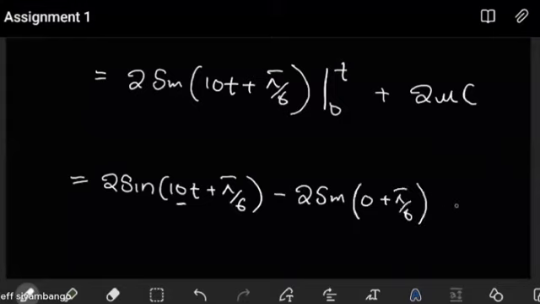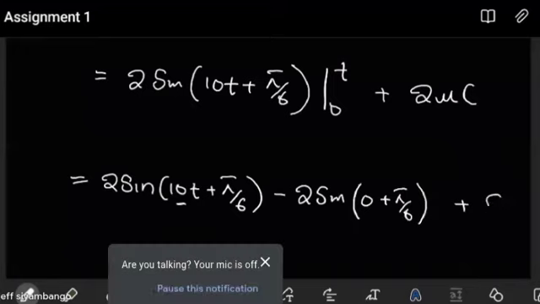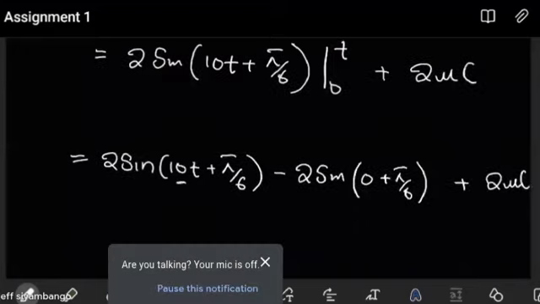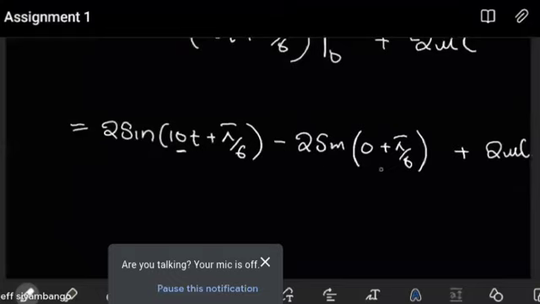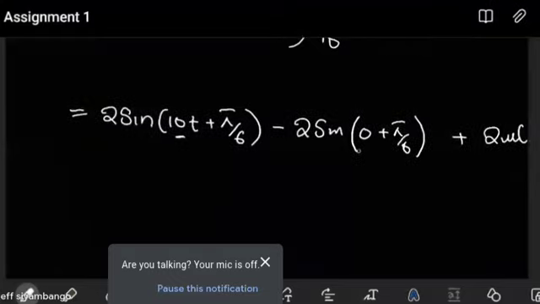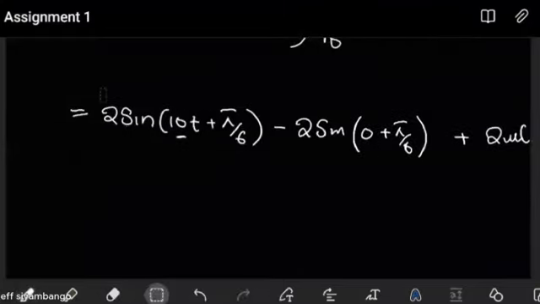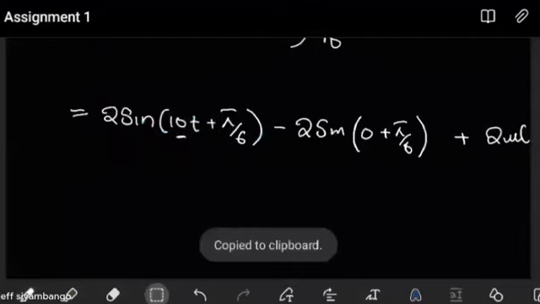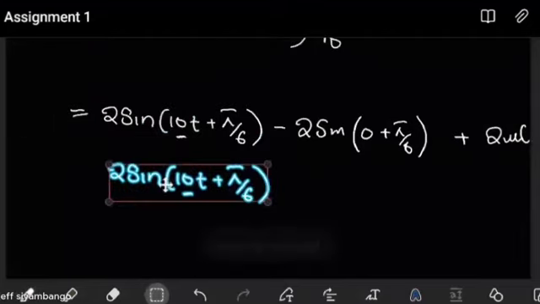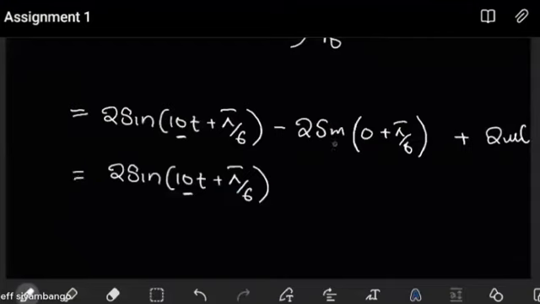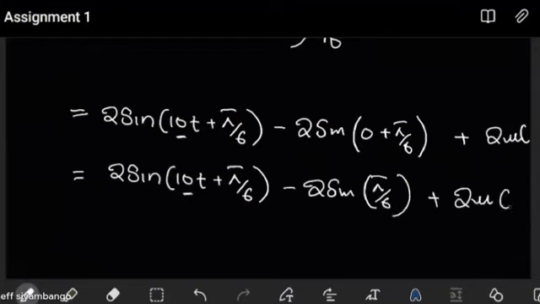And then lastly, now I can put the last part, plus 2 microcoulombs. So it's these that I want that can actually simplify when t is equal to 0. So I'll keep this. What we have here is now minus 2, then this is sine pi over 6, then plus 2 microcoulombs. So what is sine pi over 6?